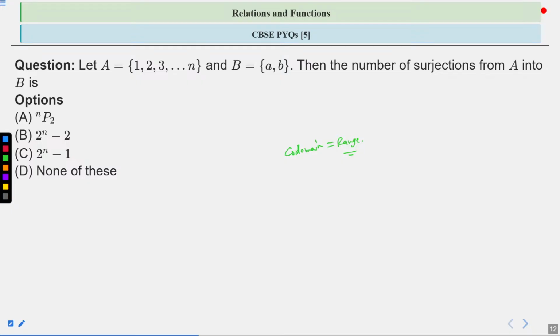So you must define the mapping from A to B such that B is the codomain, and then it must be equal to the range. In this way, you can think about this question. You have 10 seconds to think about it, and after that we will discuss the solution.